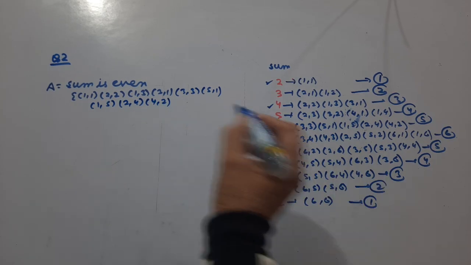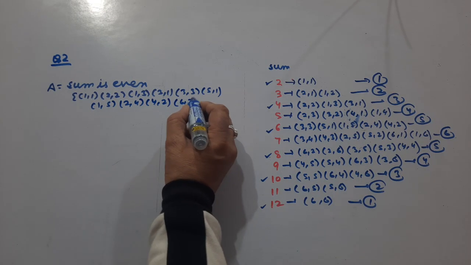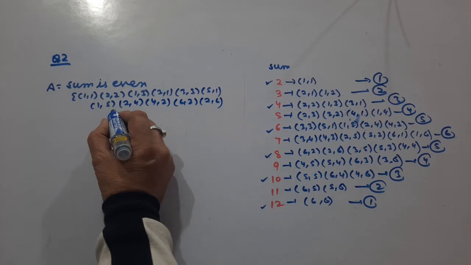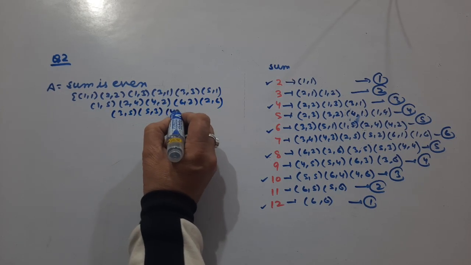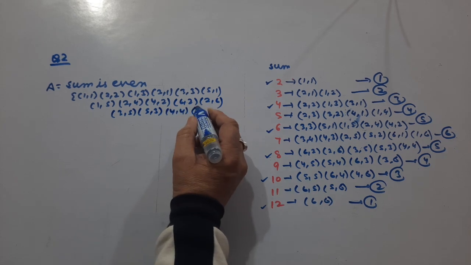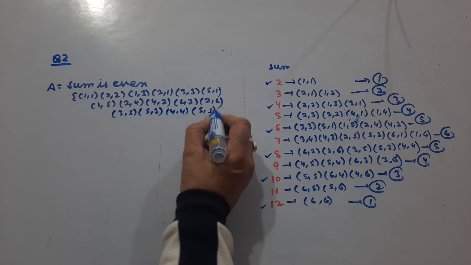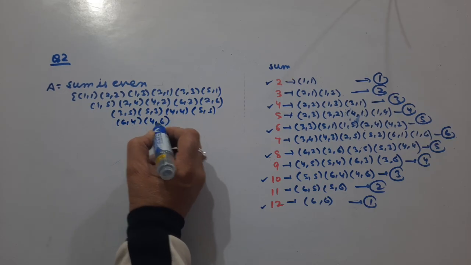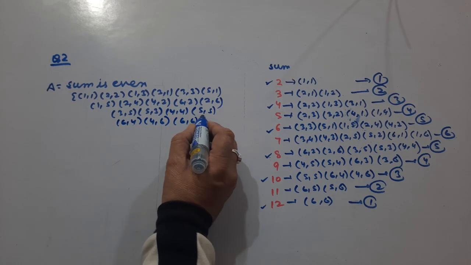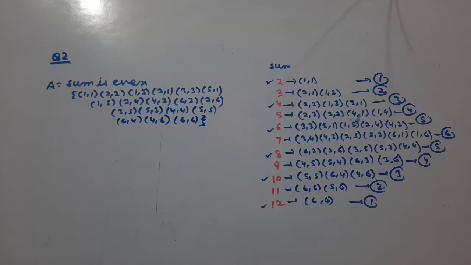Sum is 8, five cases: 6 2, 2 6, 3 5, 5 3 and 4 4. Sum is 10: 5 5, 6 4 and 4 6. Sum is 12 is 6 6. So these are the cases for event A.